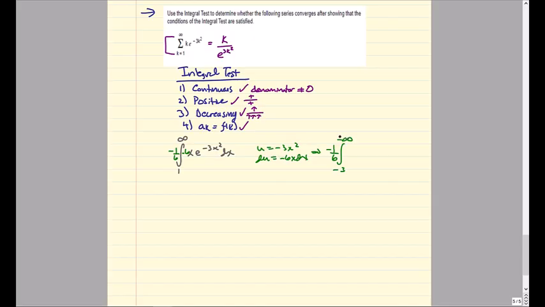Now usually we go upper to lower, so I'm going to go ahead and rewrite this. So this will be e to the u du. So I'm going to rewrite this then as negative 1/6 integral. I'm going to flip this to negative infinity to negative 3, so lower to upper. But in the meantime, when I do that, I have to multiply by negative out front, so that becomes positive.